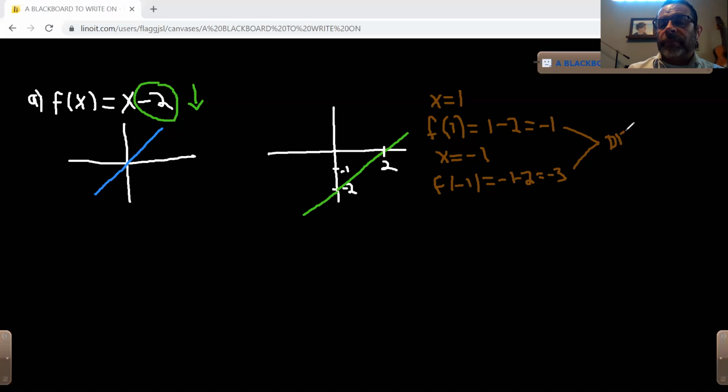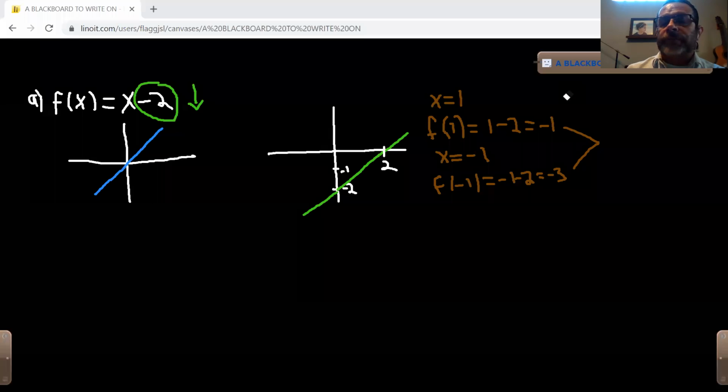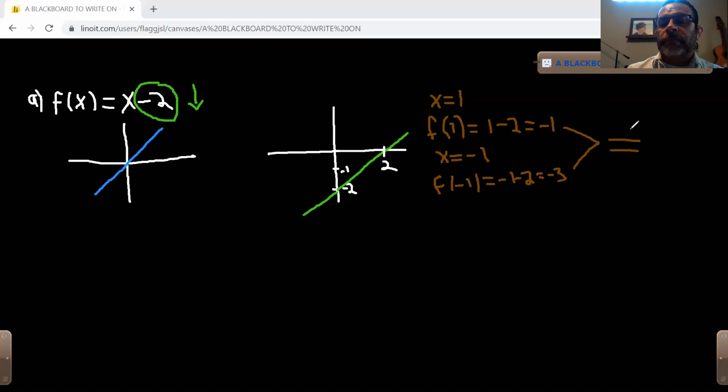Well, let's use mathematical notation. They are different. And since they are different, then this is neither even nor odd. Neither.